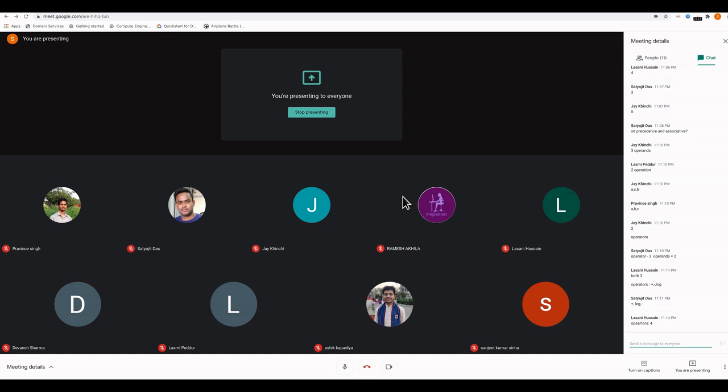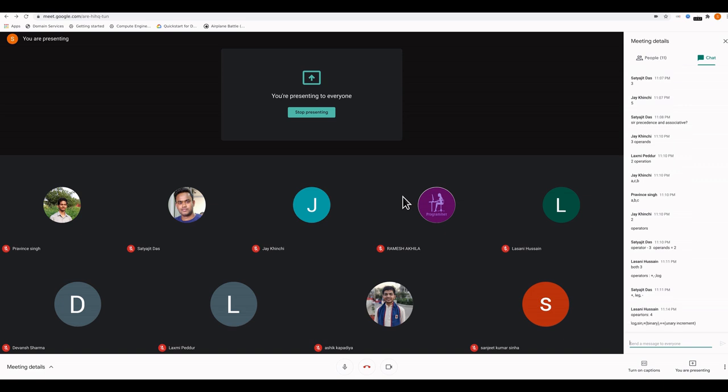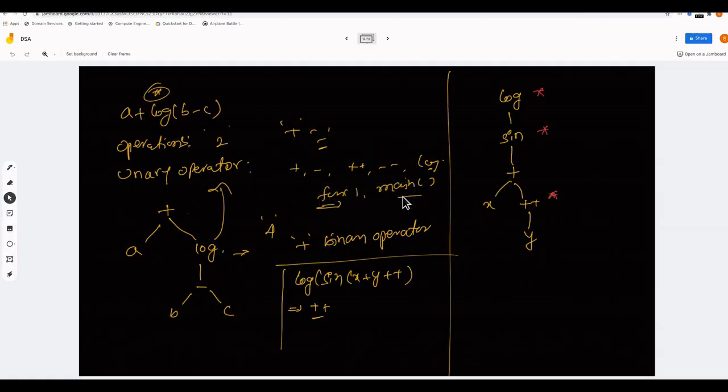Operators, 1, 2, 3, 4, right? Depth, please. Yeah, depth is 5. Everybody got it? So, this is the tree in case you want.